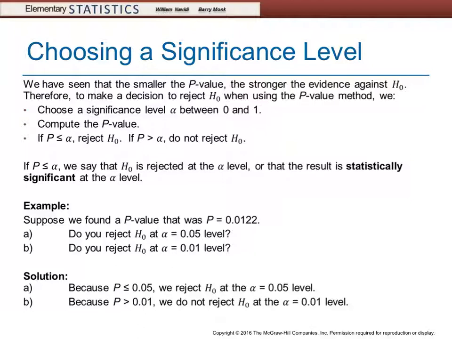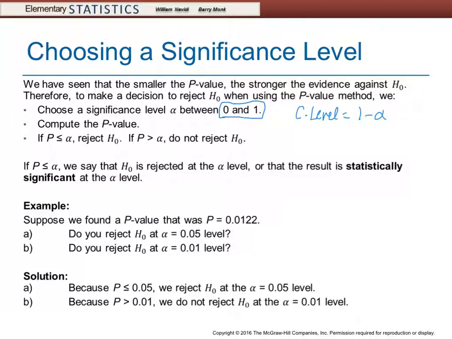We have seen that the smaller the p-value, the stronger the evidence against H naught. Therefore, to make the decision to reject H naught when using the p-value method, we choose a significance level alpha between 0 and 1. You will recall that when we were doing the calculations for confidence level, the confidence level is equal to 1 minus alpha. Well, they're interrelated.